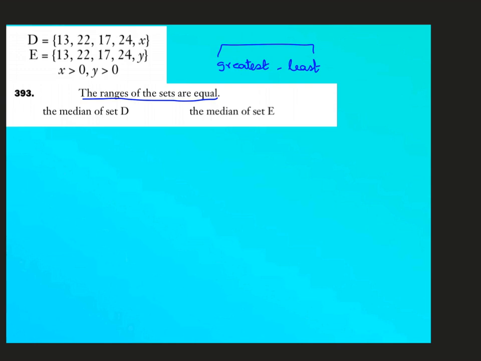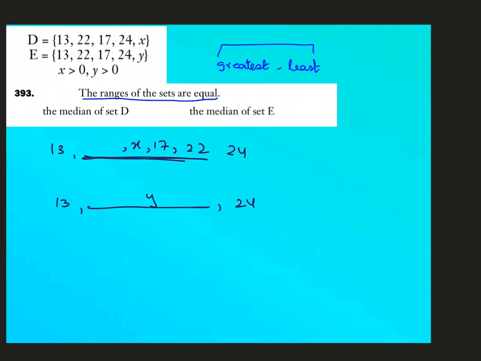Now if they're not on the extreme ends, 13, 24, now x can be anywhere in between. Right? Similarly, for set E, y can be anywhere in between. In this case as well, the ranges are going to be equal. But the problem is we don't know where x is. If let's say x is less than 17, then I would have x first, then 17, then 22.